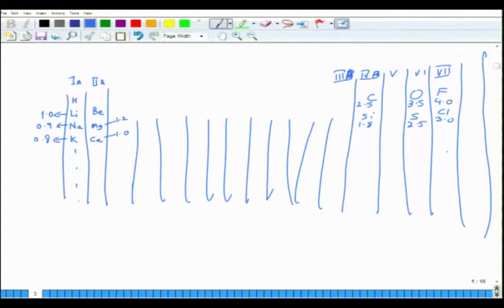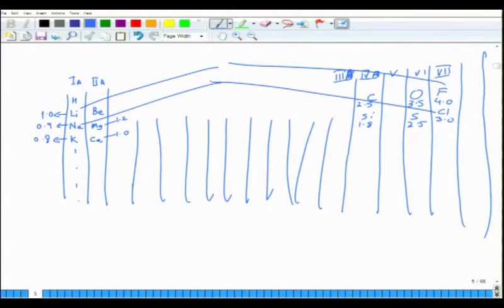I am not writing for all of them, but when you mix these compounds, for example lithium and fluorine, it is a large difference in the electronegativity. If you mix chlorine and sodium, it is a large difference between the electronegativity. If you mix, for example, potassium with chlorine, you can have large difference in the electronegativity.